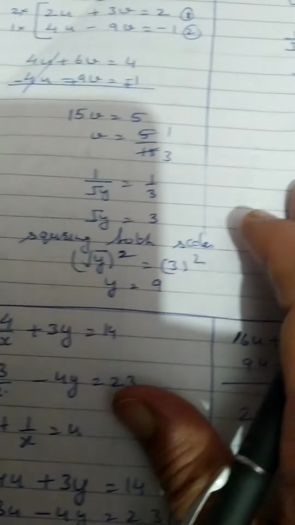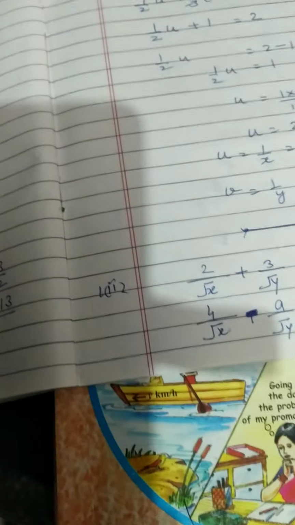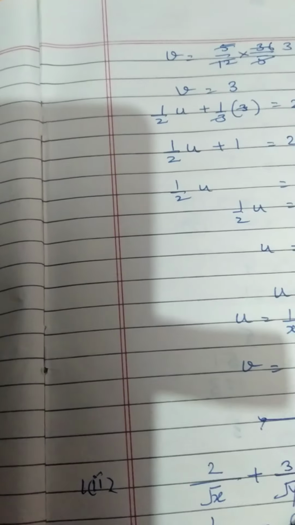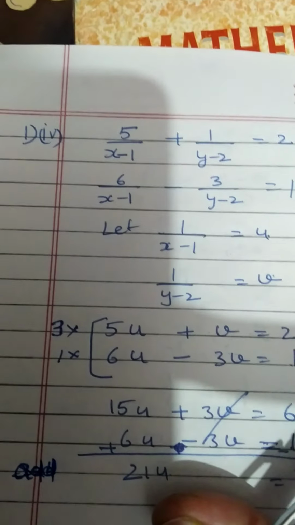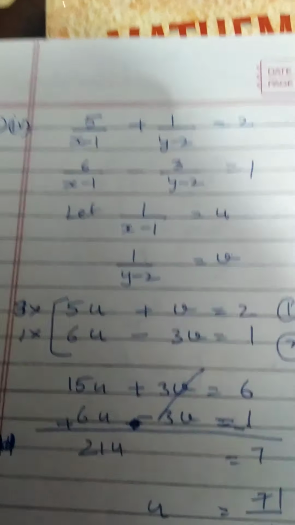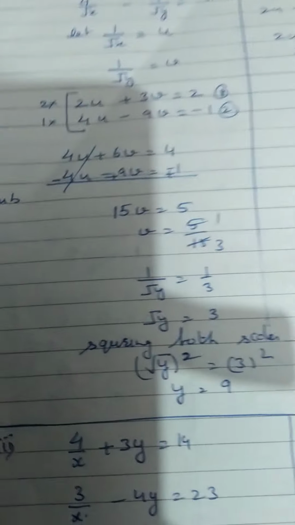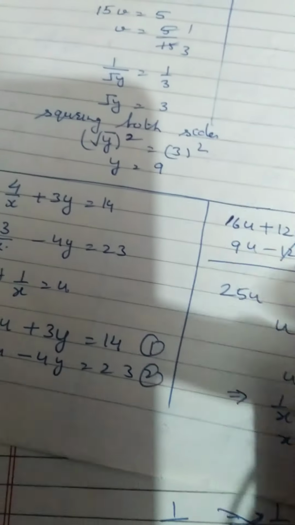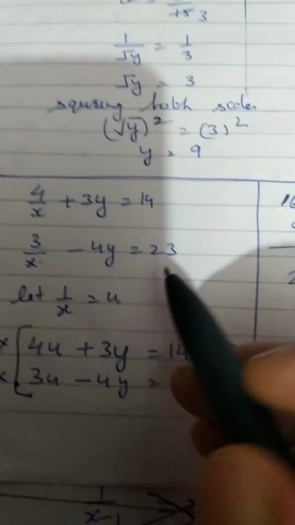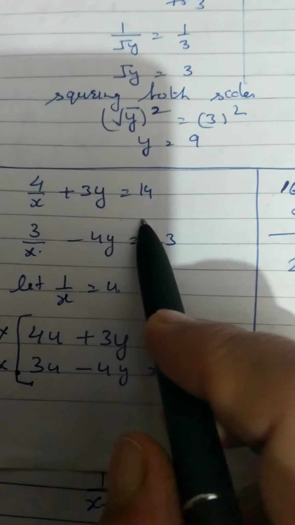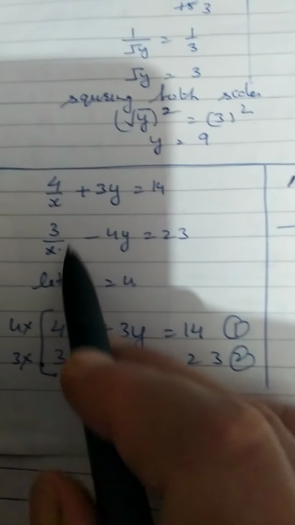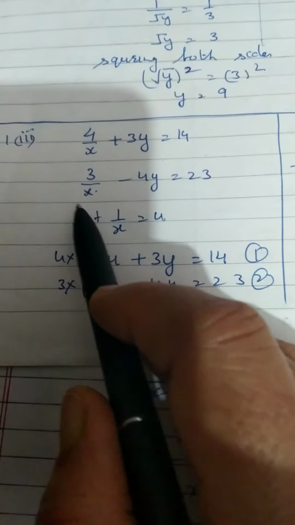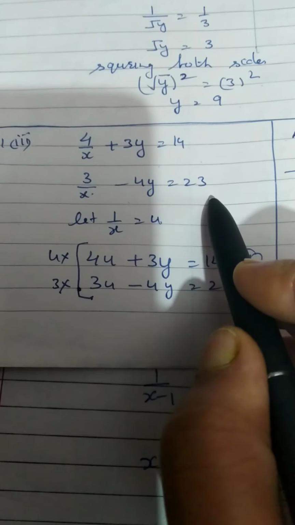This is the answer. Then the next question is first question, third part. It is 4 upon x plus 3y is equal to 14, and 3 upon x minus 4y is equal to 23.